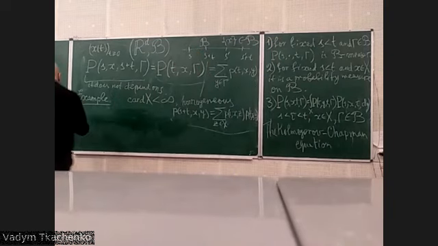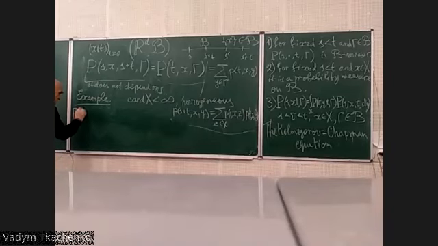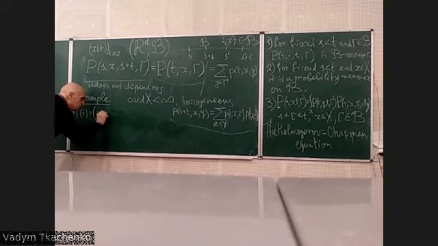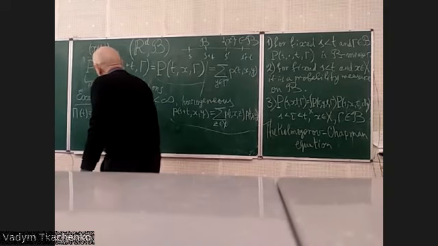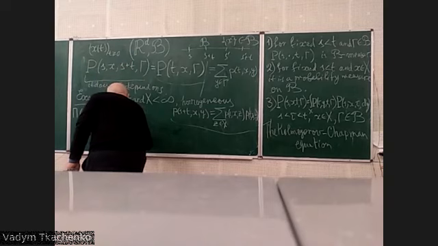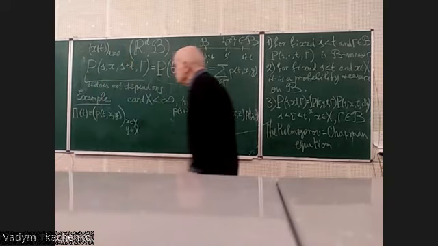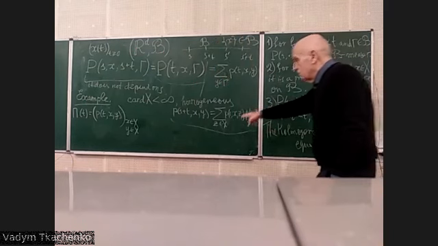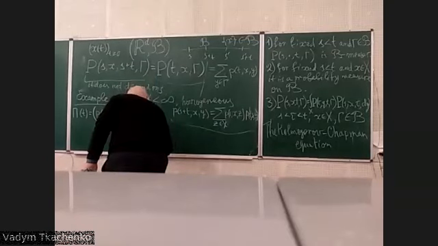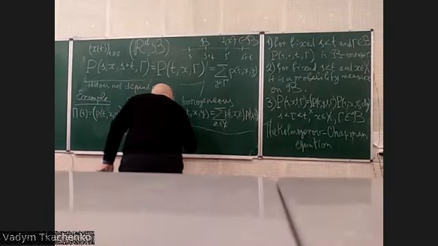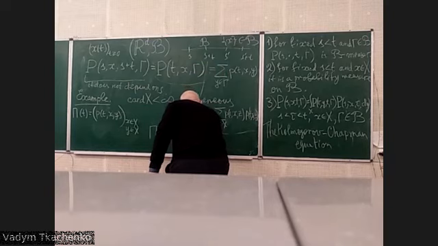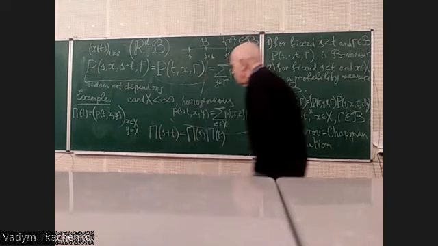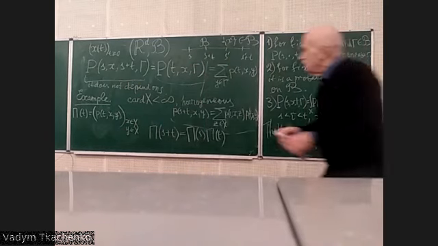And let us denote by P(t) a matrix consisting of the elements P(t, x, y). x is the number of the row, and y is the number of the column. So this equality means that P(s+t) equals the product of matrices P(s) P(t).